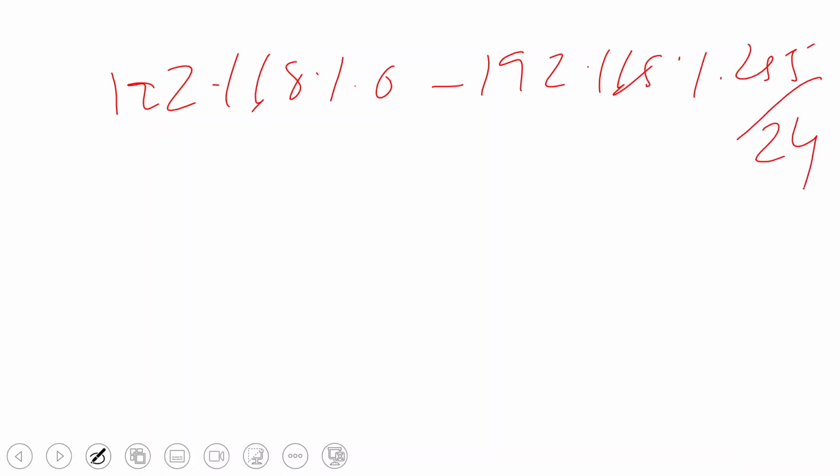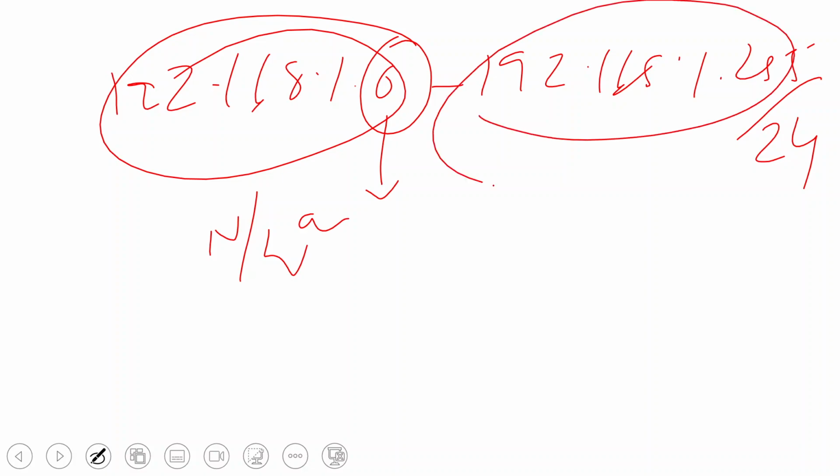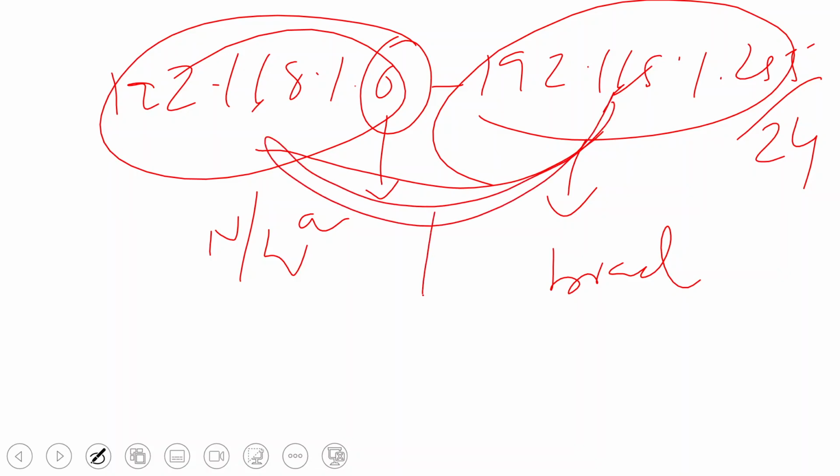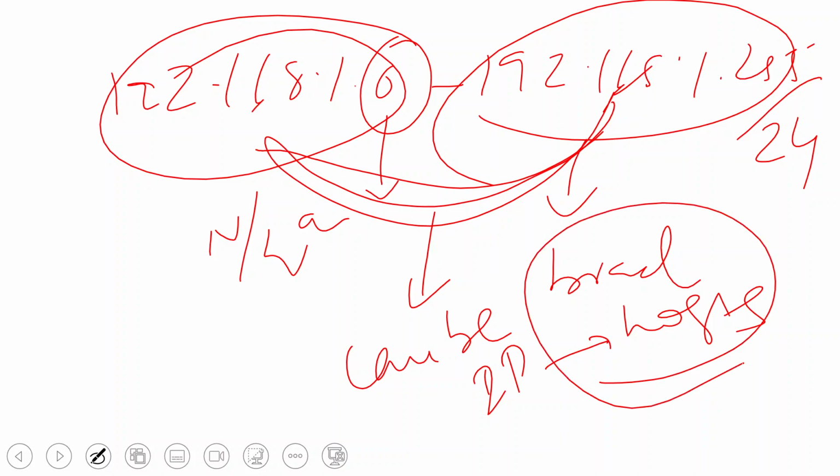So this whole address would be a network address, and this last would be a broadcast address, and all the IP addresses in between can be used for hosts. You can actually use these IP addresses for all the hosts that you have in your network. So that's how it works.